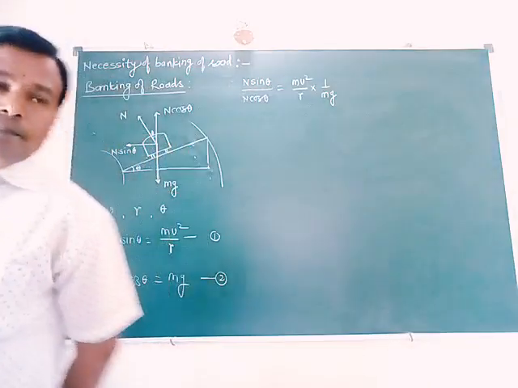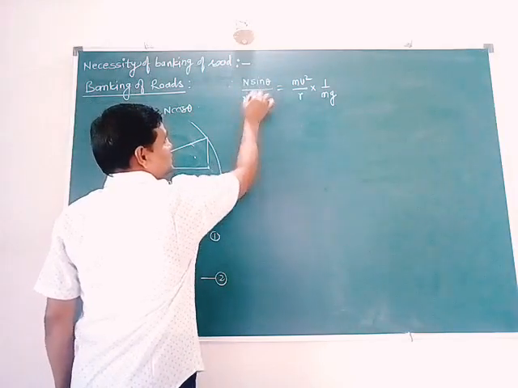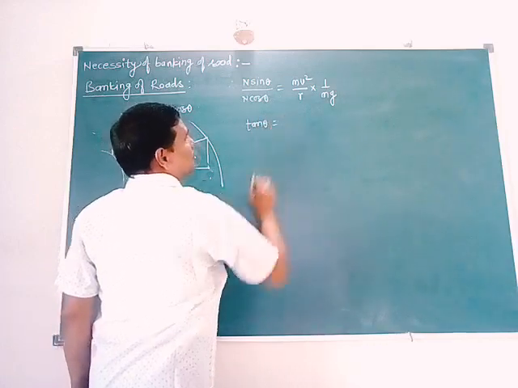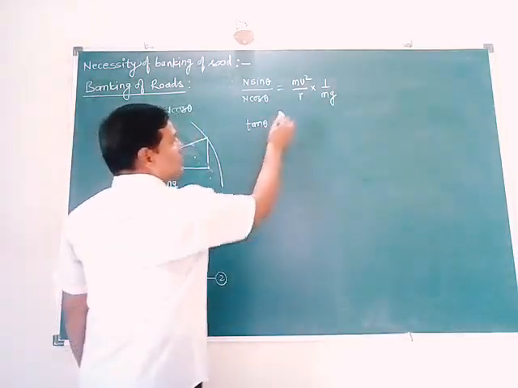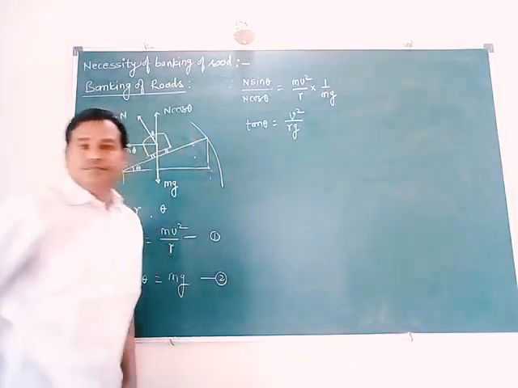So n gets cancelled, sin theta upon cos theta is tan theta. Here m gets cancelled, v square by r g.